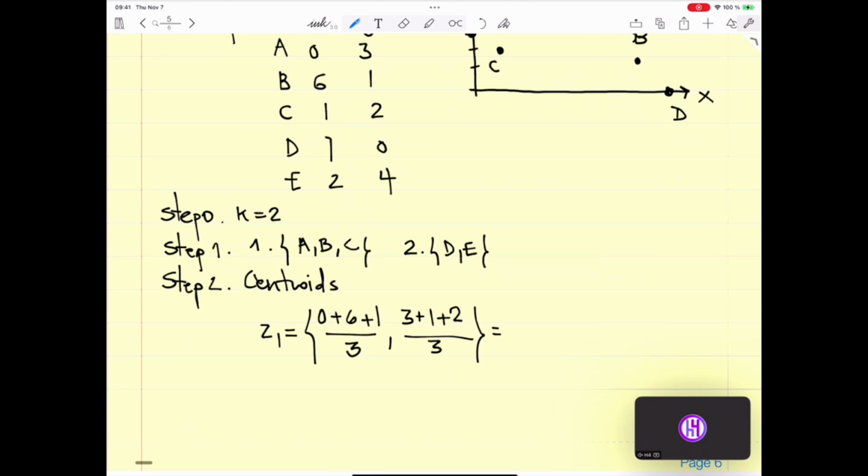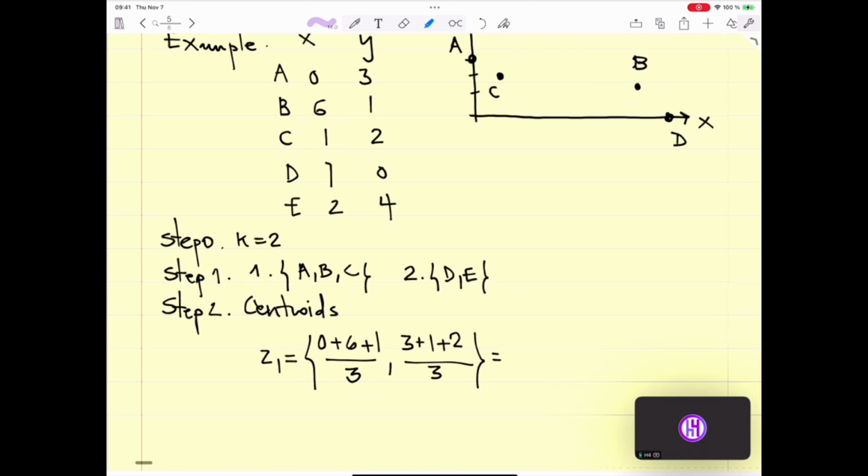So I take that, just 0, 6, and 1 divided by 3. So this is the x coordinate, and 3, 1, and 2, the y coordinate. So this is 2.33 and 2.